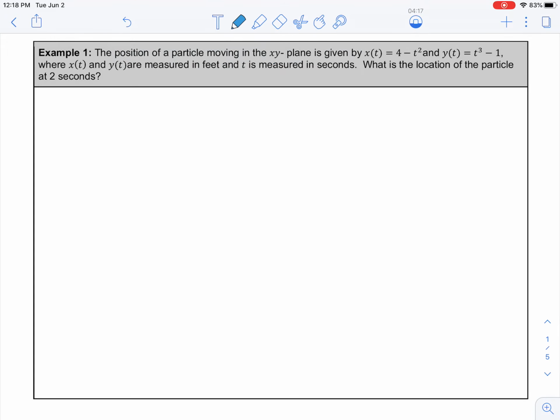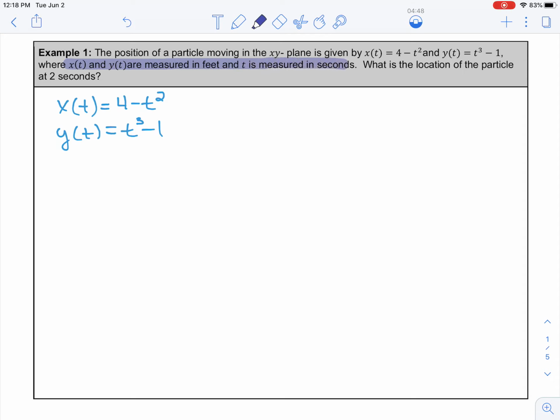I've defined x in terms of t using the equation 4 minus t squared, and I've also defined y in terms of t using the equation t cubed minus 1. We are told that x of t and y of t are measured in feet, and t is measured in seconds. That helps us understand the relationship going on here.